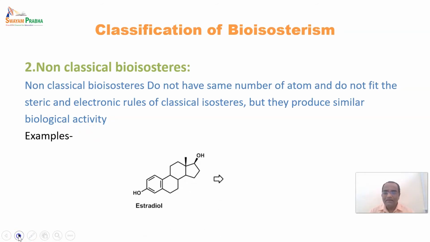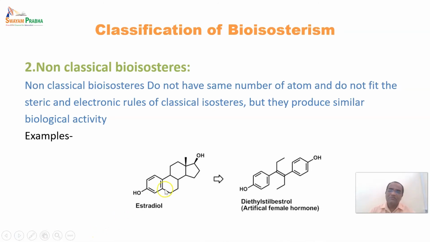An example is estradiol. Here you can see the structure is not very similar, and there is removal of these two rings, replaced by an open chain structure. The biological activity of this diethylstilbestrol is improved compared to estradiol.